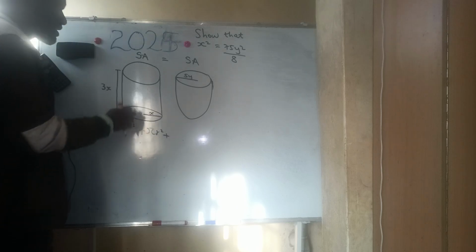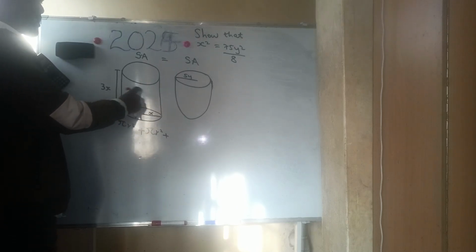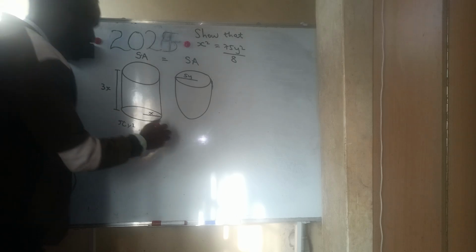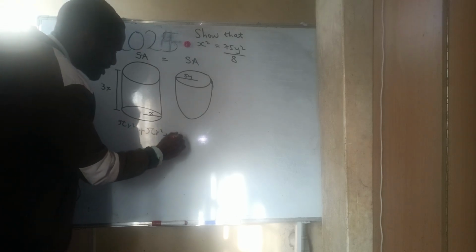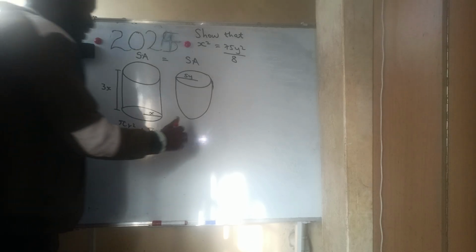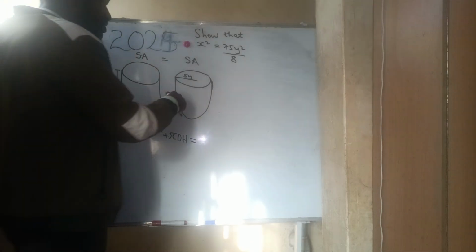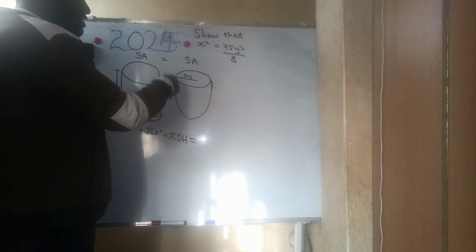Then plus the curved surface, whose area is obtained by saying pi dh, of course, pi times diameter times height. Then this total surface area of this cylinder must be equal to the total surface area of this hemisphere.